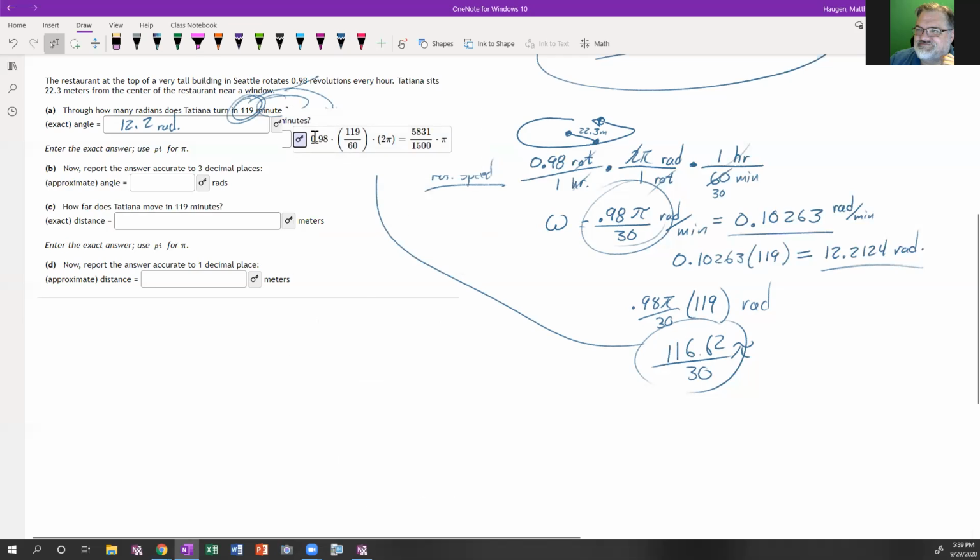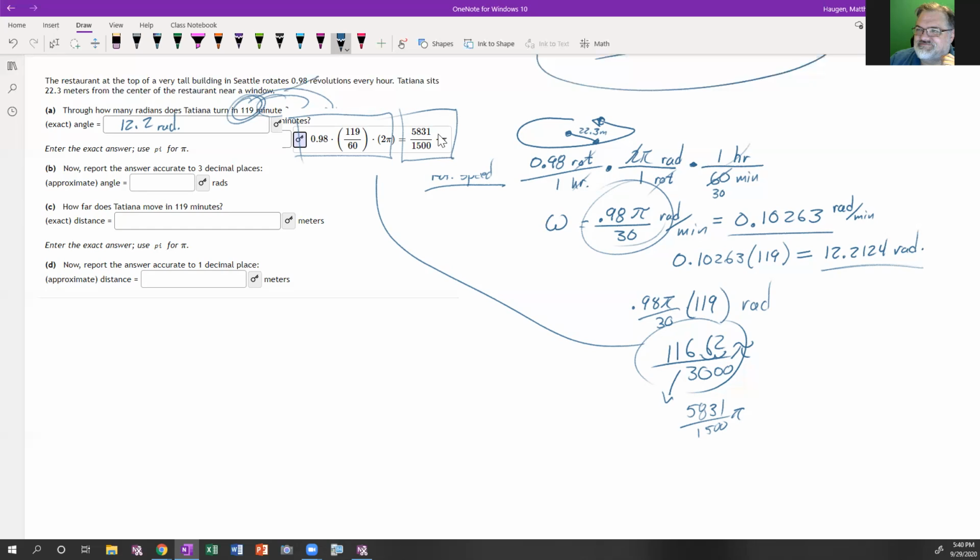So either just the pieces that we had, multiply all that together, and I guess they're just taking this decimal, moving it over, calling that 3,000, and then reducing this a little bit to 5831 over 1,500 pi. But they'll take either of these, it looks like. Decimals. That's why decimals are trouble.